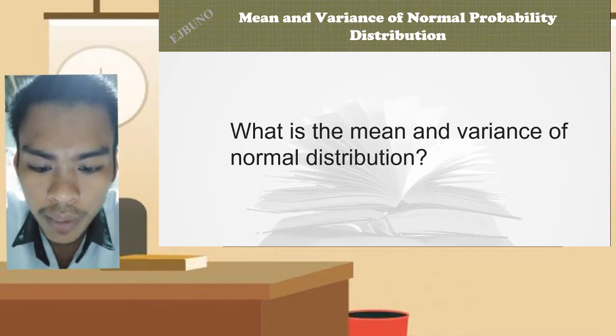The parameter sigma is its standard deviation, and the variance of the distribution is sigma squared. A random variable with a Gaussian distribution is said to be normally distributed and is called a normal deviate.